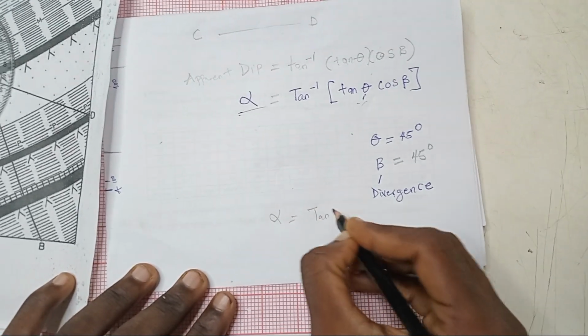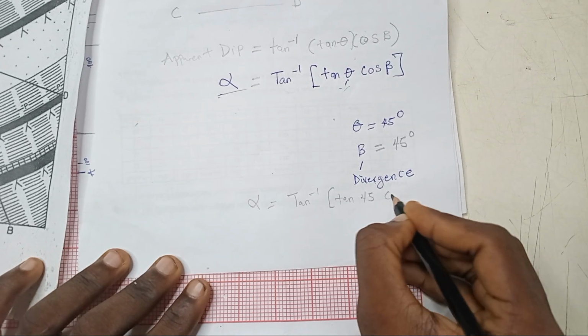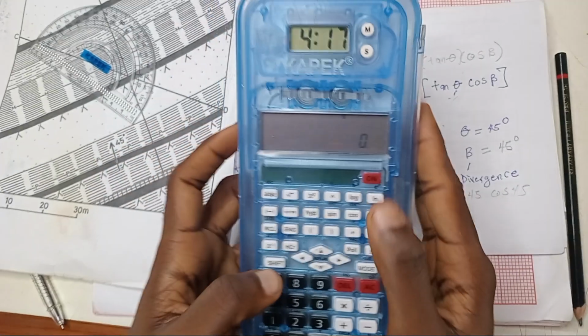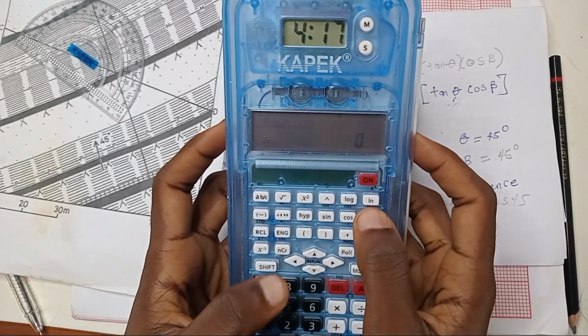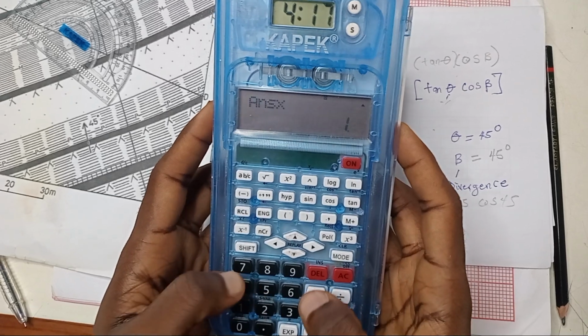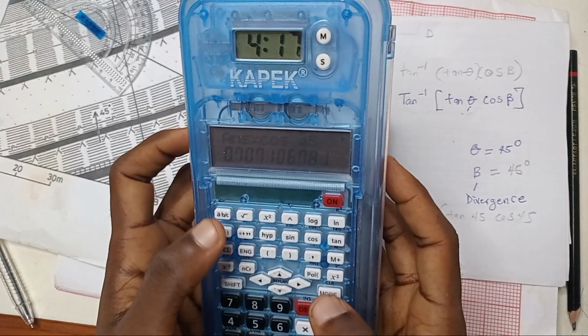Apparent dip is arctan tan 45 times cos 45. So I take my calculator, tan 45 times cos 45. Okay?